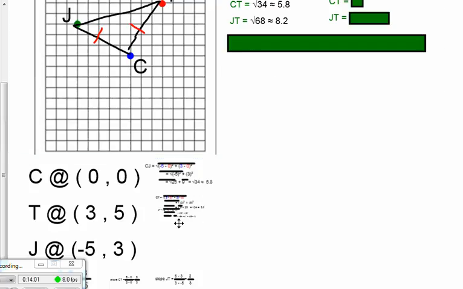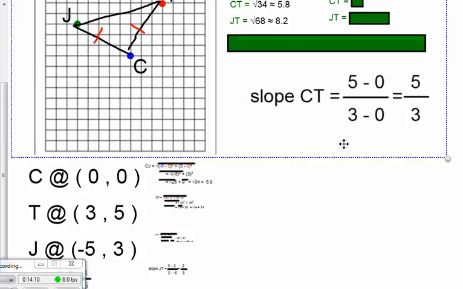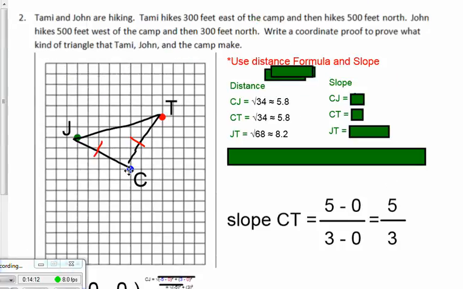If I wanted the slope, I'm going to do JT last. I'm going to go from Camp to Tammy. So this slope right here, y2 minus y1 over x2 minus x1, so 5 minus 0 over 3 minus 0 is 5 over 3. So that can just simply stay as 5/3. The slope from C to T is 5/3.